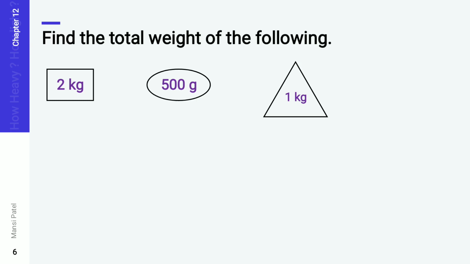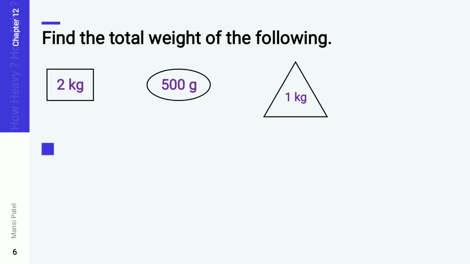Here they will give three different shapes to you, and they have given the measurement of each shape. The first shape is a square or rectangle. The weight of that you have to consider as 2 kg. Then the weight of the circle you have to consider as 500 gram. And then the weight of the triangle is considered as 1 kilogram.